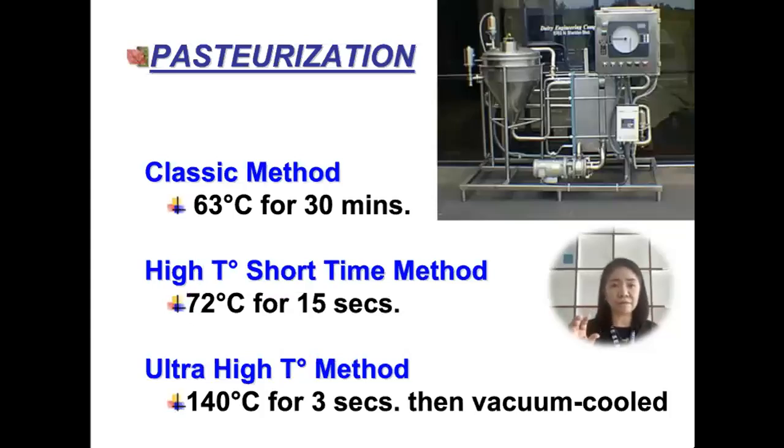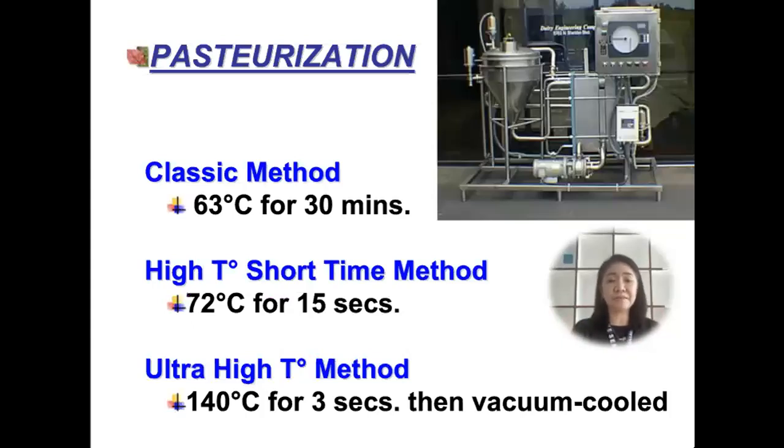They have the classical method, which would expose your materials to 63 degrees Celsius, pero for 30 minutes. So medyo mahaba. And then we also have the high temperature short time method, which would expose your materials to 72 degrees Celsius, but 15 seconds, napaka-minimal.